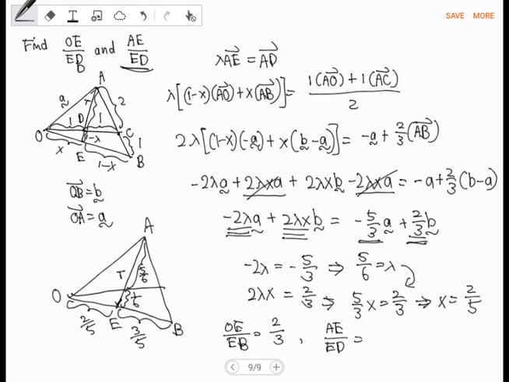AE over ED would be 1 over, ED would be just 1/6 of the ratio, so this would be 6. So this gives us the two answers.